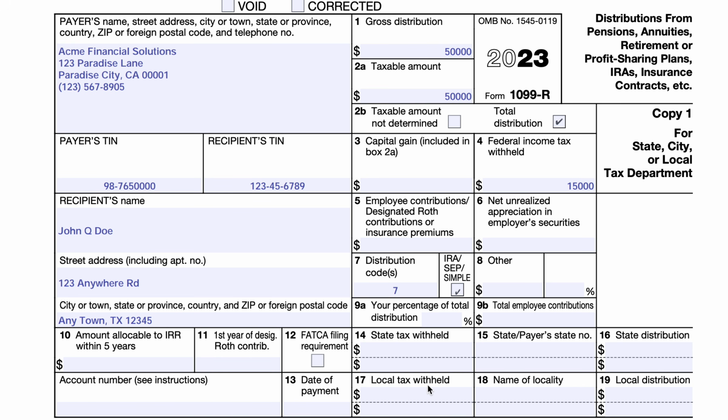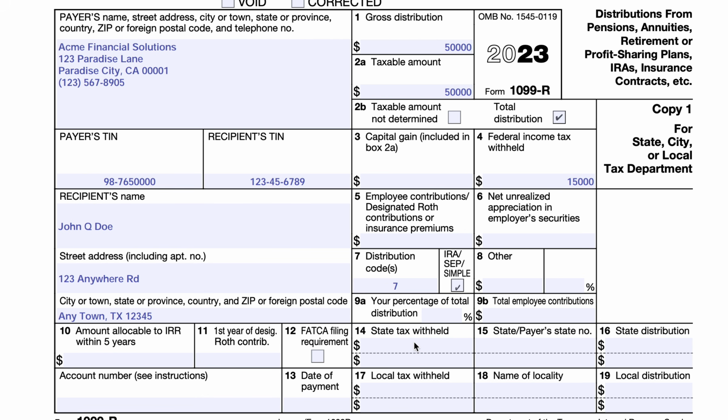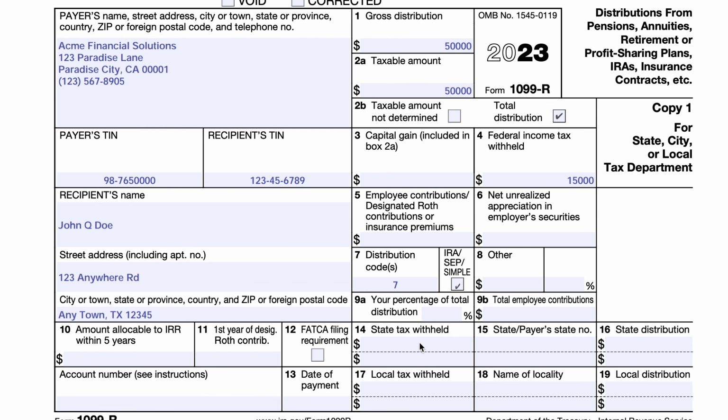Now, these last boxes, 14 through 19, you'll only see these if there are state or local tax implications. These are completely not necessary. They're not required by the IRS at all because the IRS doesn't really pay close attention to state or local tax issues. But you will see that there are two fields. So you can put, let's just say Texas.